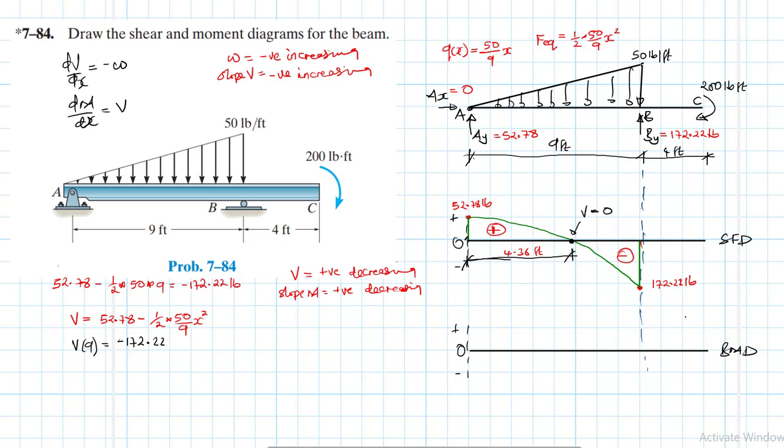A slope that is positive and yet decreasing is going to be something like this. It may not have been very perfect, but something like that. Okay, so this is our value here.